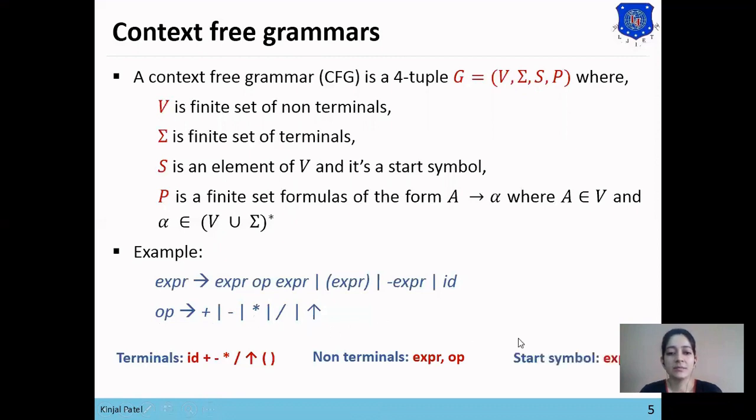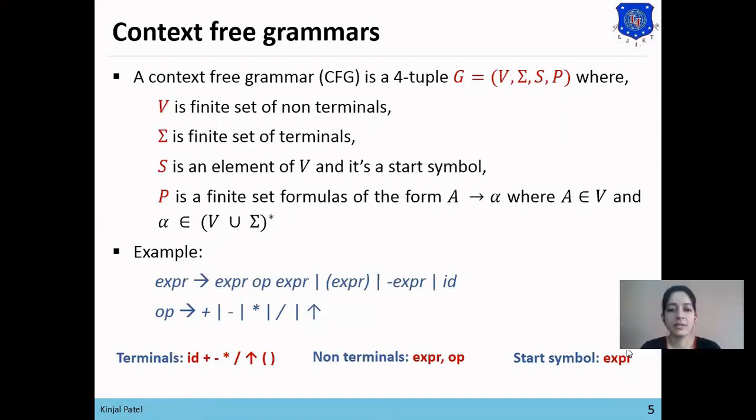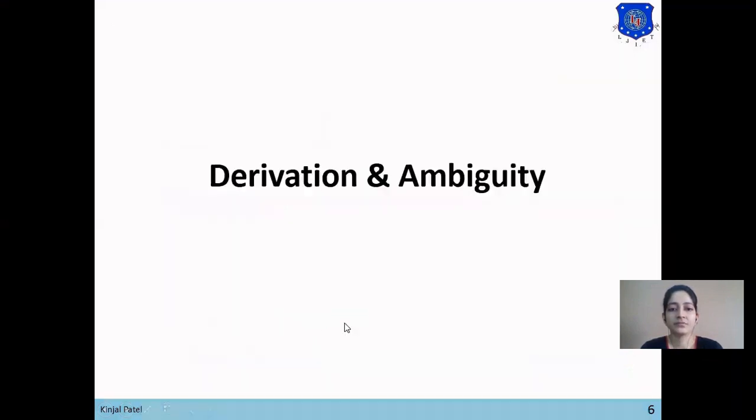And starting symbol means the symbol from which our grammar has started. So the starting symbol is expression, which is also a non-terminal symbol. Non-terminal symbols are the symbols which are at the left hand side of the grammar, and they can also be present at the right hand side of the grammar. And terminals are the symbols which are present only at the right hand side of the grammar.